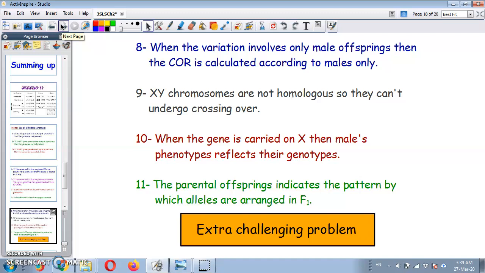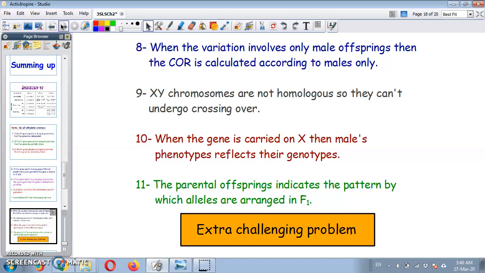The eighth note, when the variation involves only male offspring, then the crossing over rate is calculated according to the males only. The crossing over rate is denoted by the percentage of recombination, which is the number of recombinant offspring over the total.